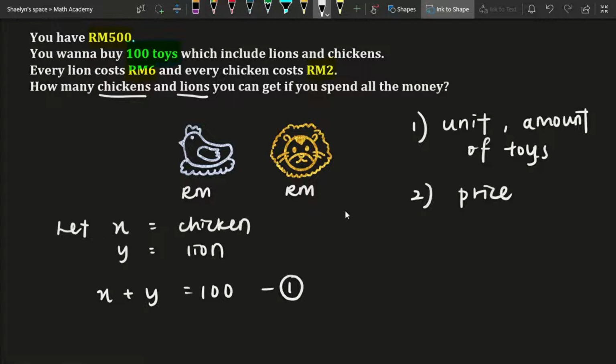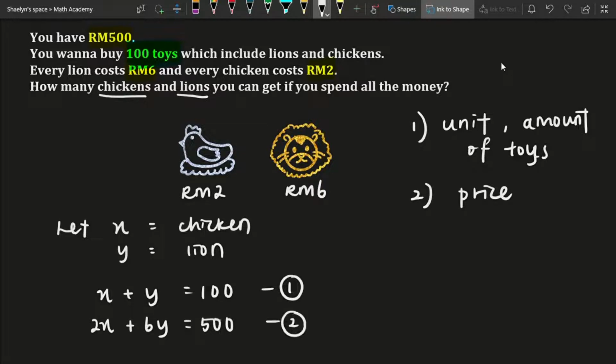It's gotta be 2 for chicken and 6 for lion. Okay, lion costs more expensive. So we can say 2x plus 6y equals to 500.